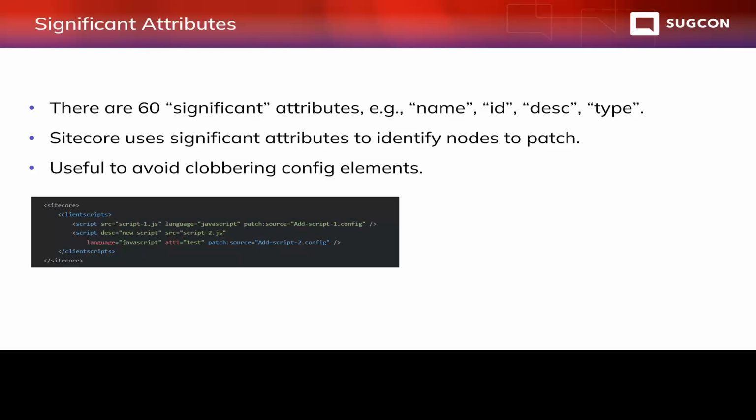There are two JavaScript files, so you have JavaScript file 1 and JavaScript file 2, and if you don't have a significant attribute, the second one, if they're in different sources, will just clobber the first one. So they say, well, if you need these to be separate, then add a significant attribute. So they use DESC as one of them, and that keeps them separate. So that's kind of like your leverage of control to prevent them getting overwritten.